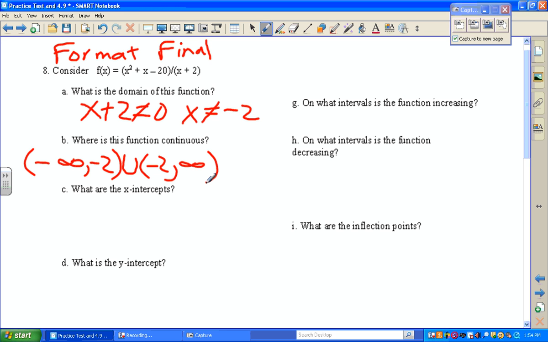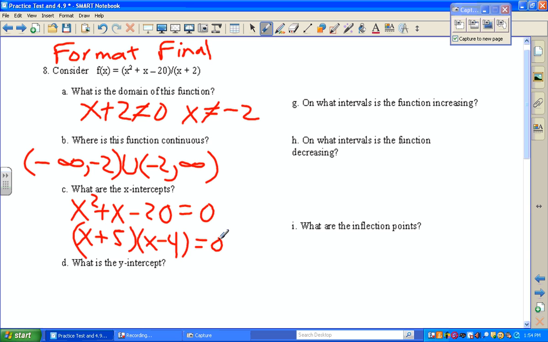Sure, that's fine. X-intercepts, which one is that? Right. So it's going to be, yeah, negative 5 and 4.